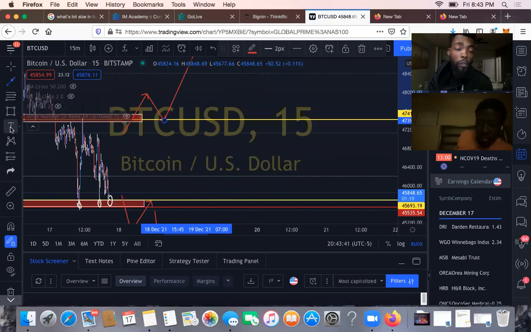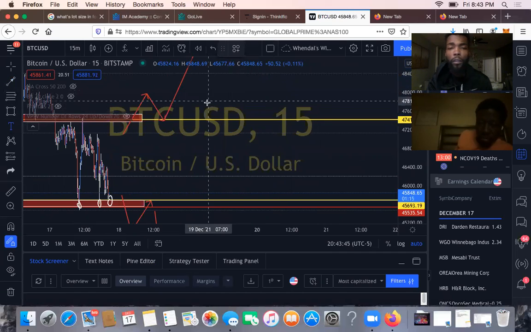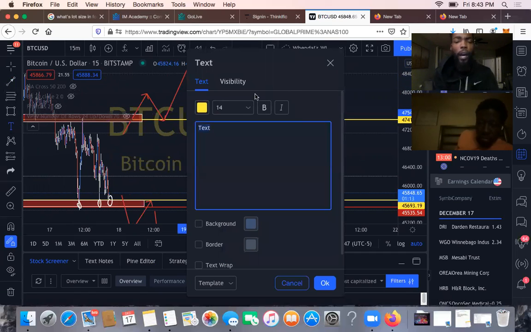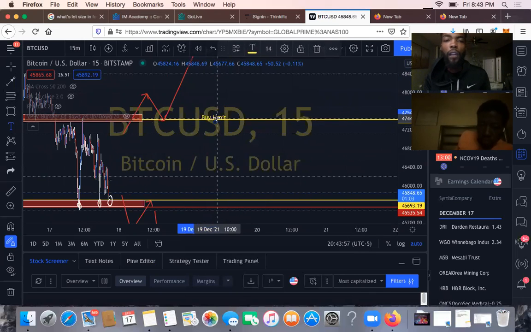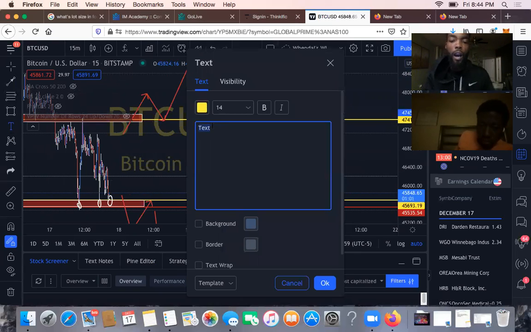So what you want to do is put in a buy limit right here. If it breaks it and doesn't come back and test it, it's a buy limit.